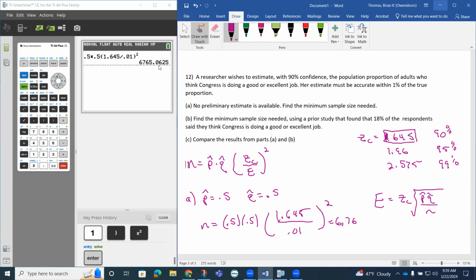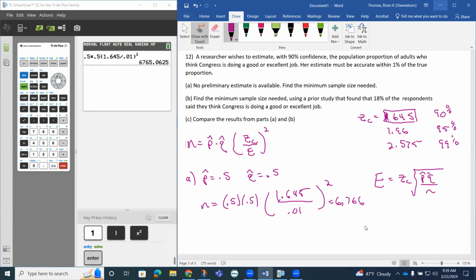But also, since there is a decimal here, by definition, the sample size is always rounded up regardless of what the decimal is. So this 5 will automatically get rounded up to a 6. So our minimum sample size will be then 6,766. So to be confident with this 90%, they want us to use a minimum sample size of 6,766 people in our sample.